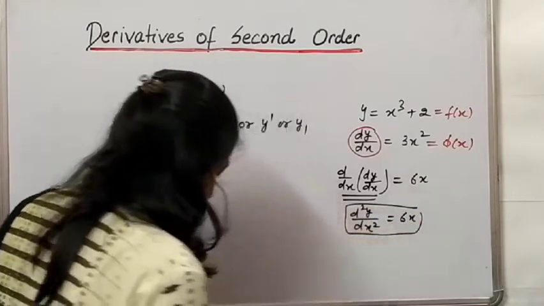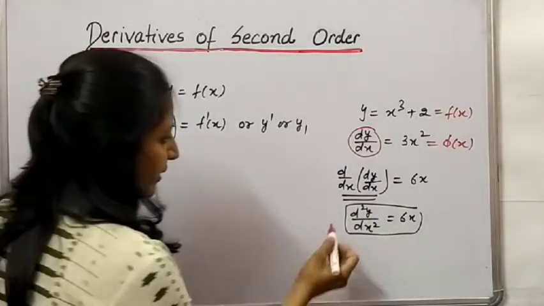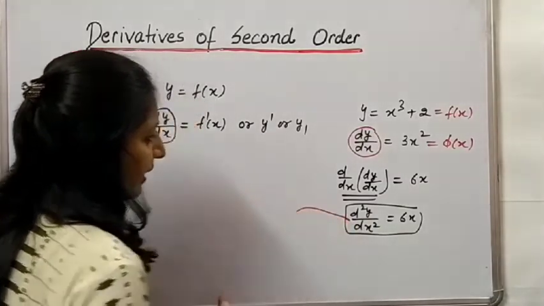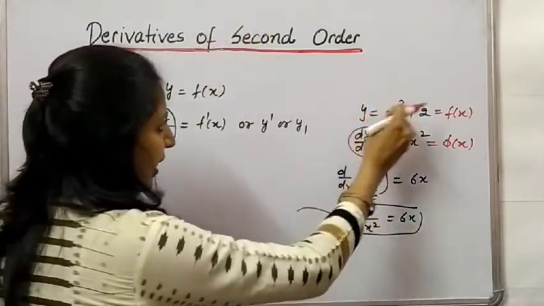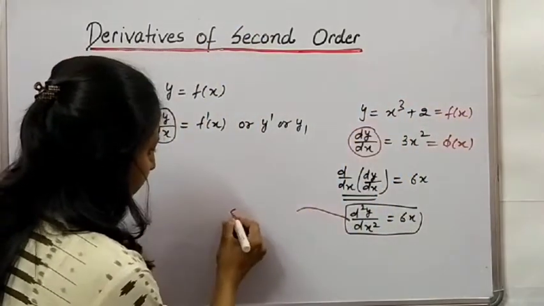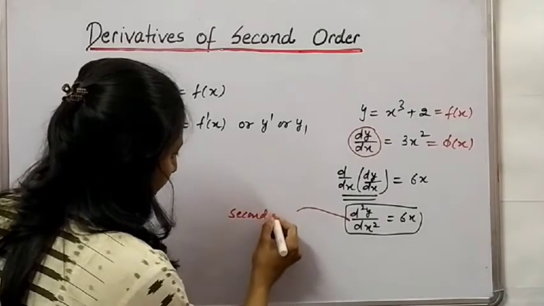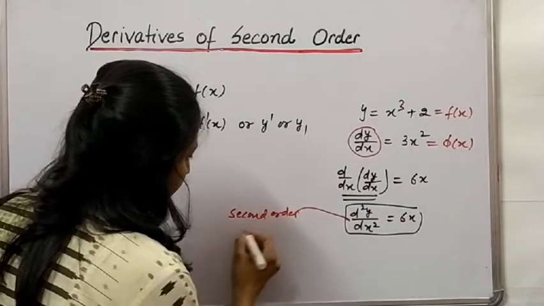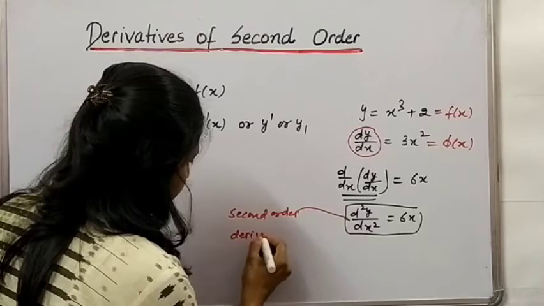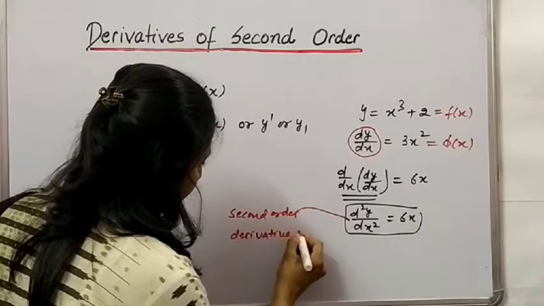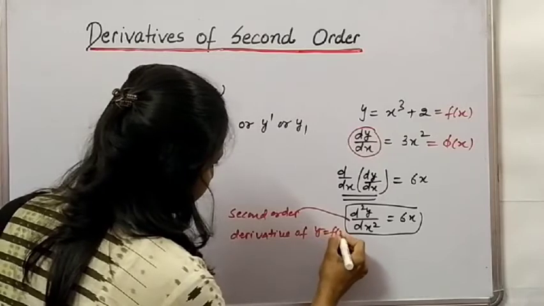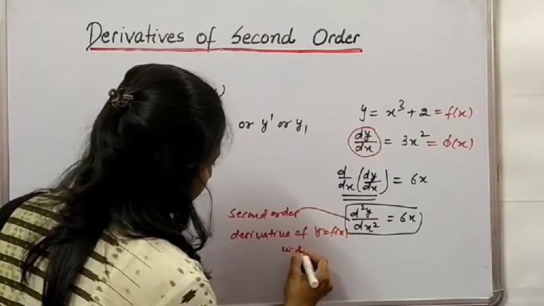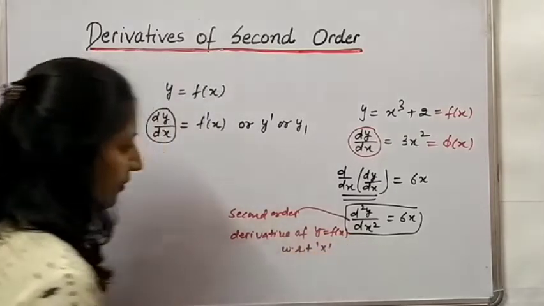So here this d2y upon dx square is known as the second order derivative of the function y is equal to f of x with respect to x, right students?